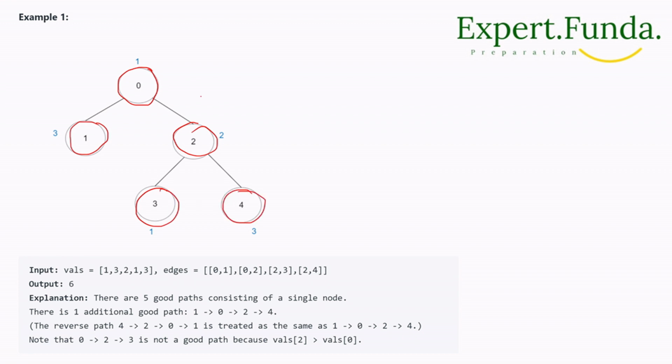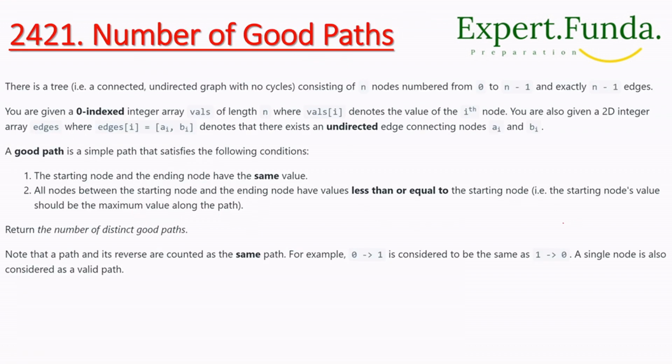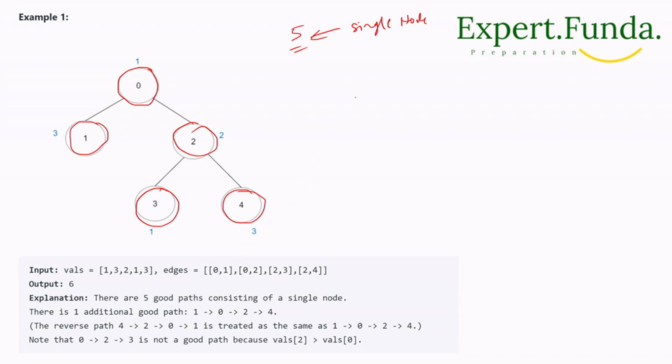These are the nodes, and their values are given. If we consider a single node, that is also a valid path, as the statement says. So these 5 single nodes are valid paths.